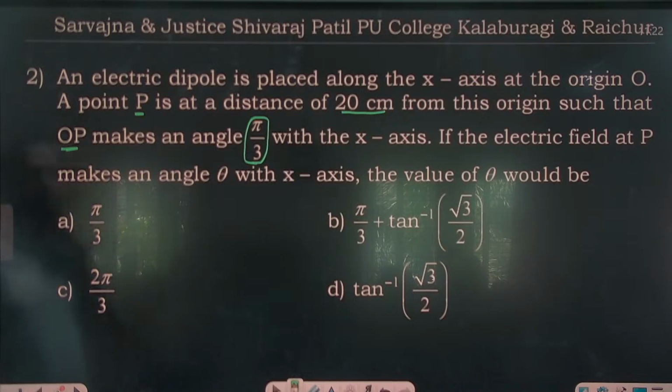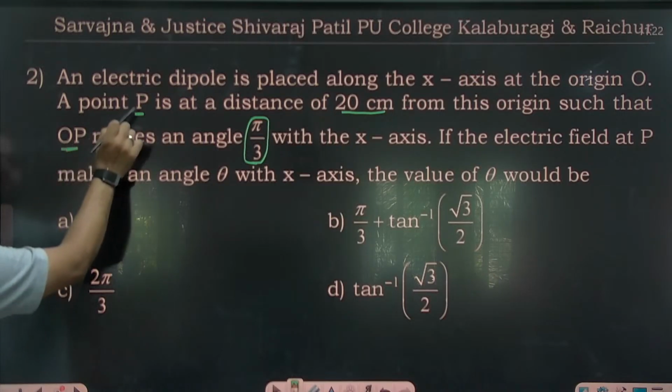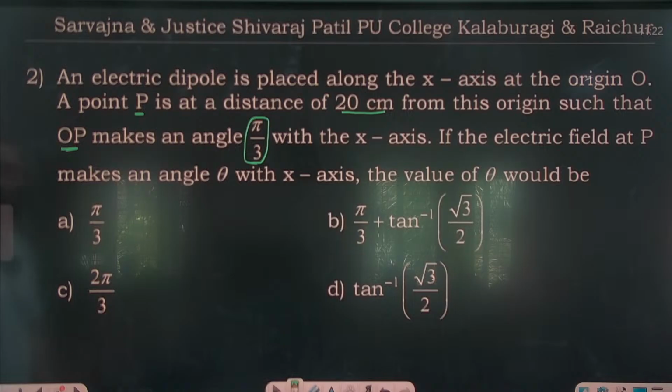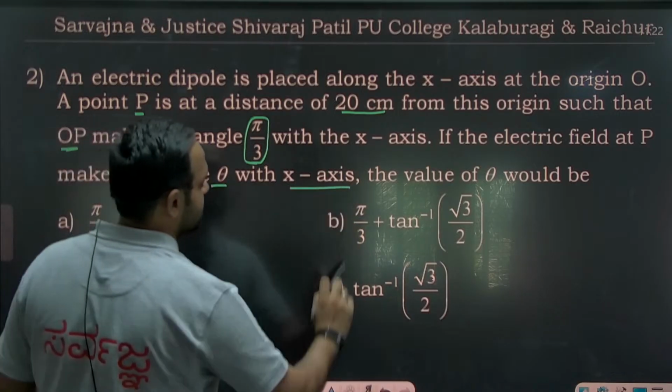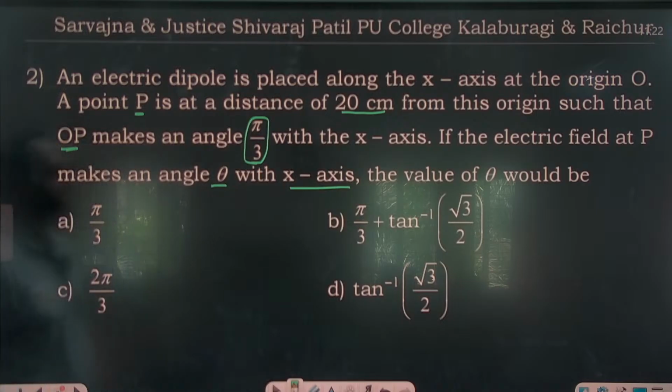Okay, what is OP? OP is actually position vector of the point P. Okay, it is making an angle of pi by 3 with x-axis. If the electric field at point P makes an angle theta with x-axis, then the value of theta would be, okay, how do you draw the diagram for this?